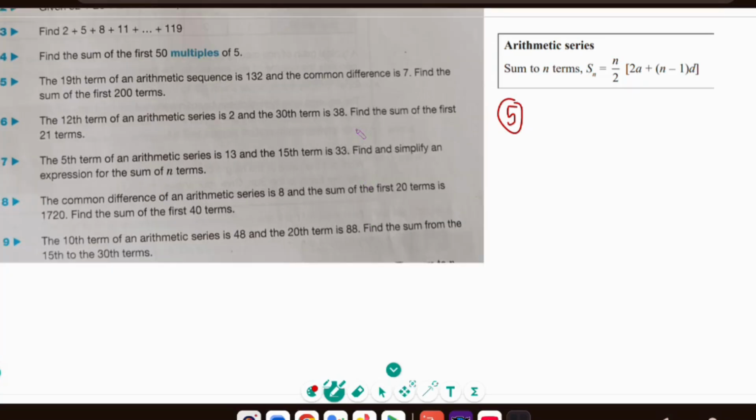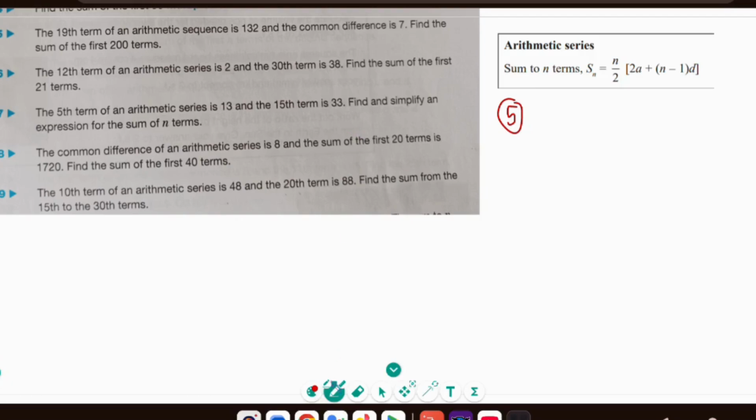Okay, might need a bit more space here. The 19th term of an arithmetic sequence is 132 and the common difference is 7. So D is 7. Find the sum of the first 200 terms, so I know N is 200. What is A? We know the 19th term of the arithmetic sequence is 132, so I can put A plus 18D is equal to 132. And I know D is 7.